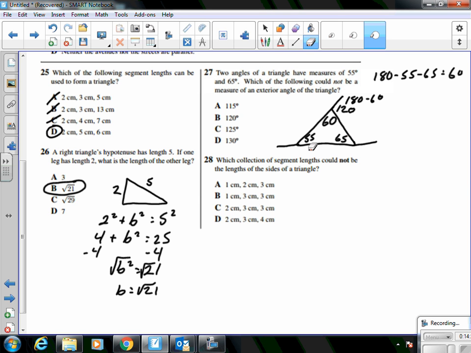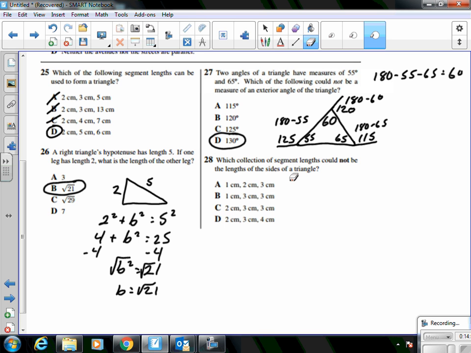Here we've got 65, so 180 minus 65 is going to be 115 for that exterior angle. And then 180 minus 55 will give us 125 for that angle. So we've got 115, 120, 125, but we do not have 130 as a possibility.